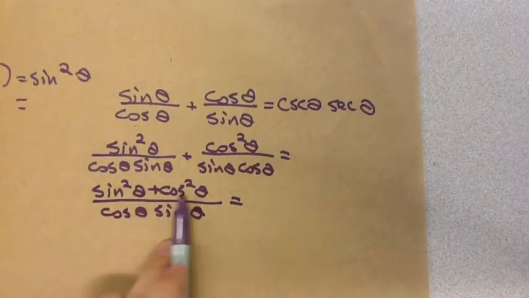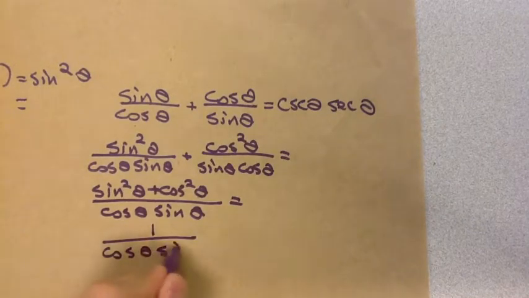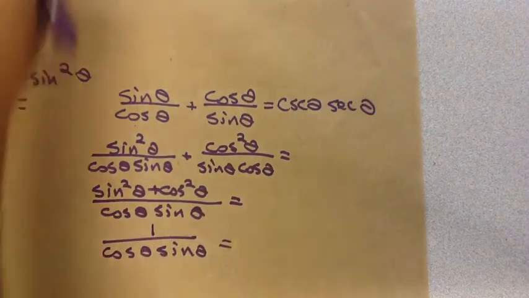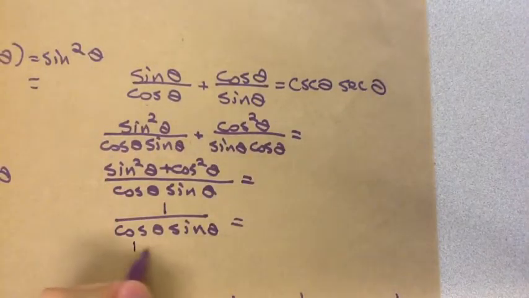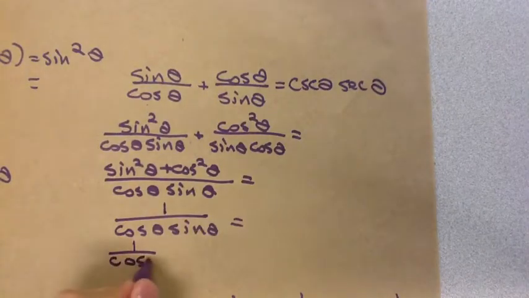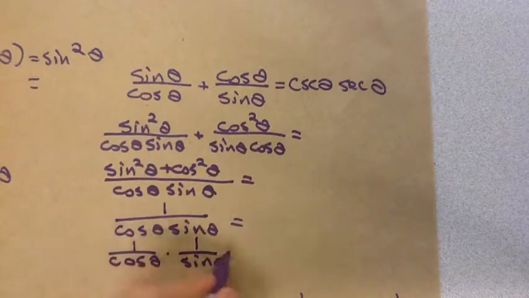This is a Pythagorean identity. This becomes 1 over cosine theta sine theta, which we can now write as two separate fractions, 1 over cosine theta times 1 over sine theta.